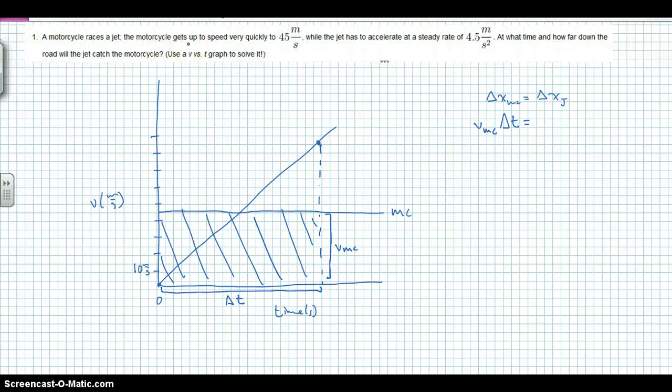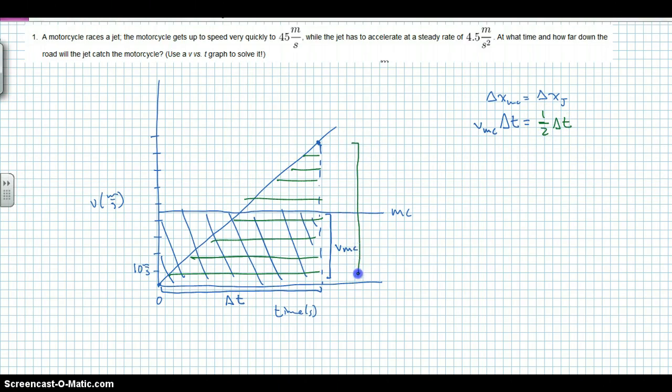And we'll change colors for the jet here. So the jet's area is this one. So that's a triangle. So we're going to need to write an expression for the area of a triangle. We know it's 1/2 the base times the height, and the base is still delta t. So 1/2 delta t, that's cool.